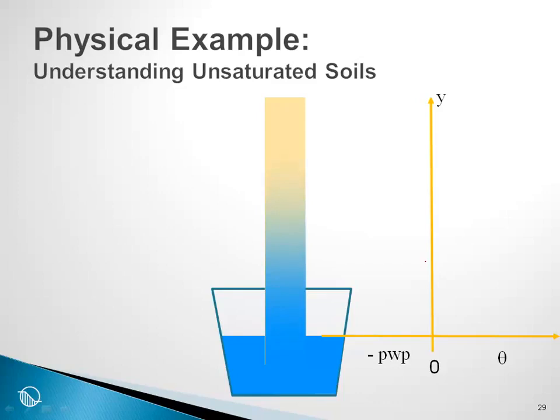So let's look at this situation a little bit more carefully. Let's plot on this side of the curve the volumetric water content, and on this side the pore water pressure.